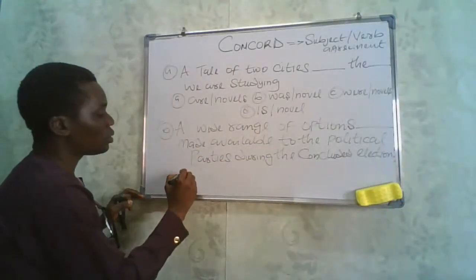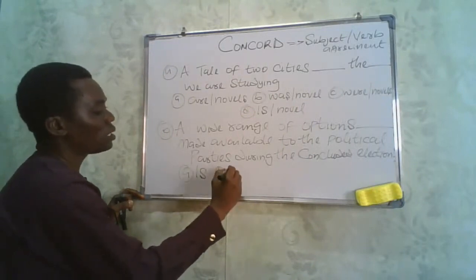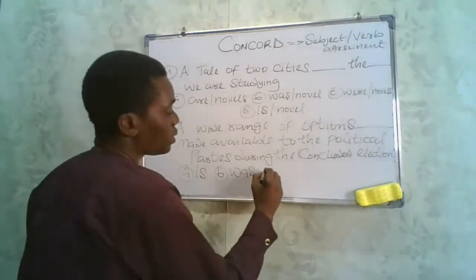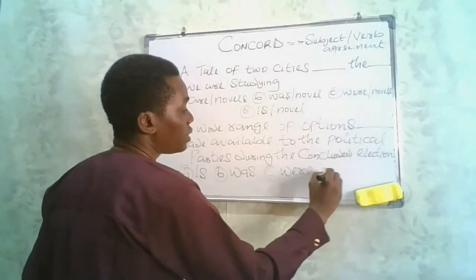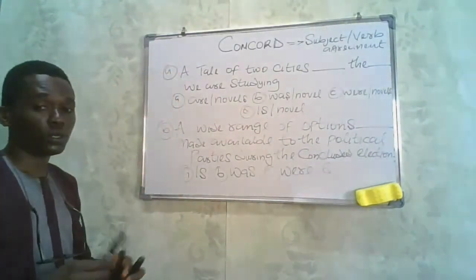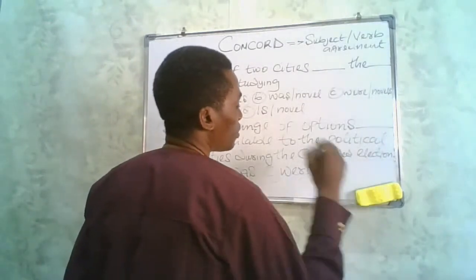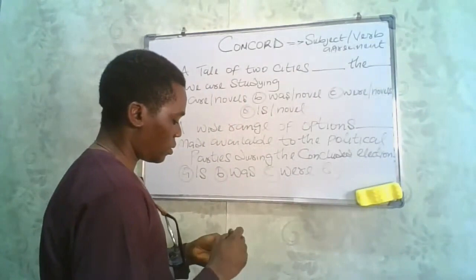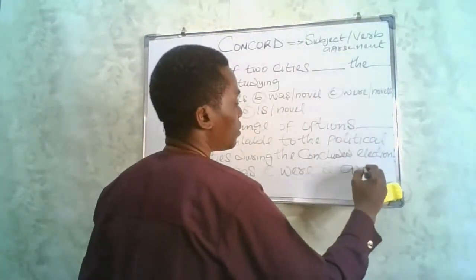So the options are A, is it is? B, is it was? C, is it were? And D, the final option, is it are?